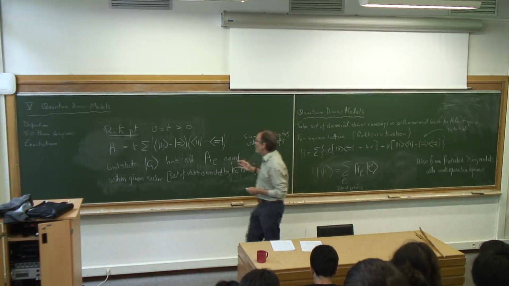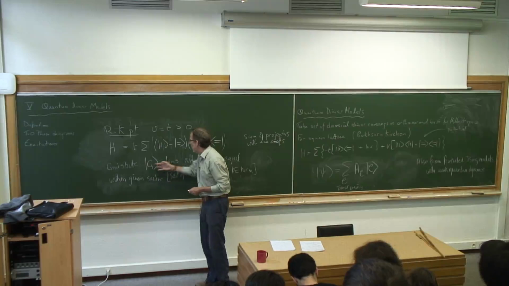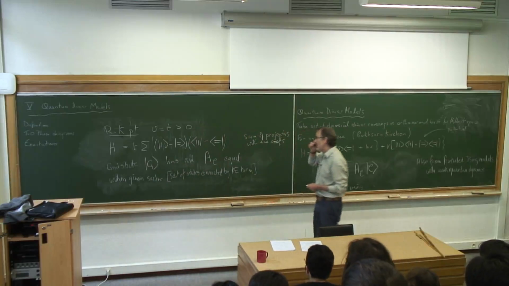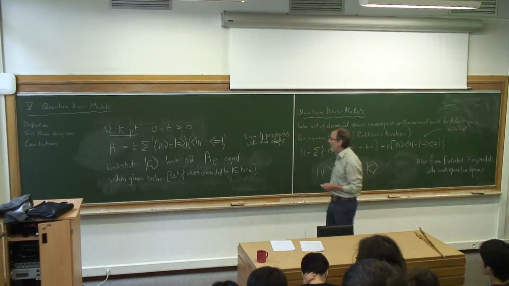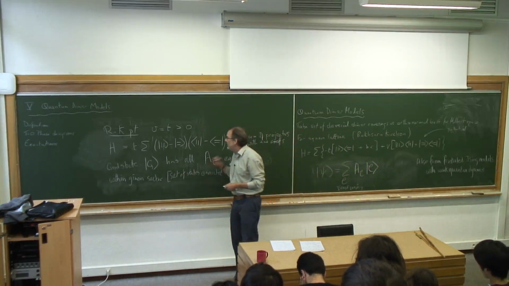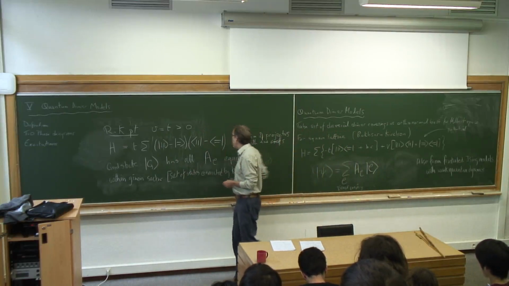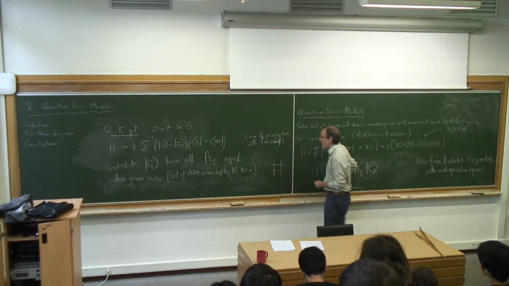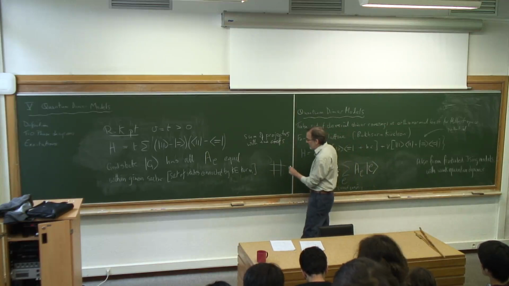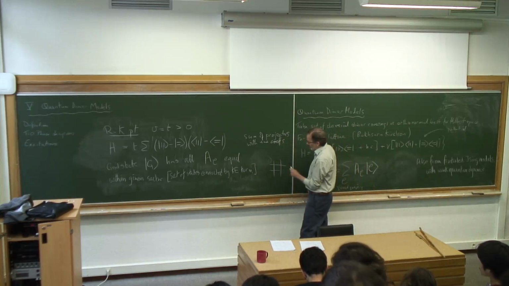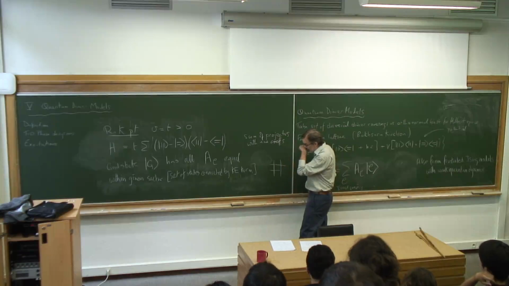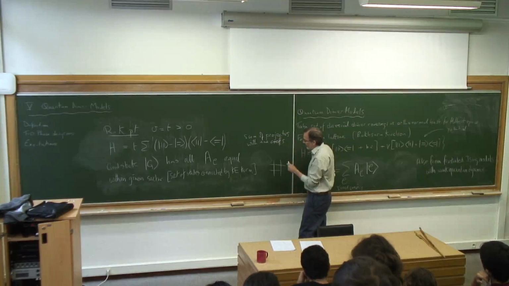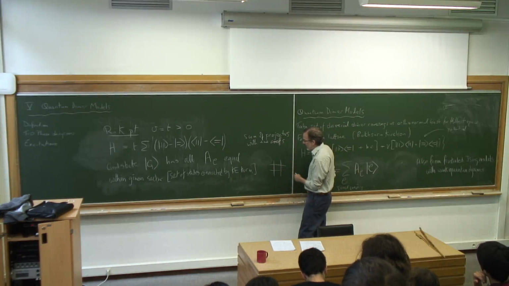So why is it obvious that a state like this with equal amplitude for all of the configurations in a given sector will be the ground state? Well, the point is that if we focus on a particular plaquette in the system, then in the different configurations, various things can happen on this plaquette.